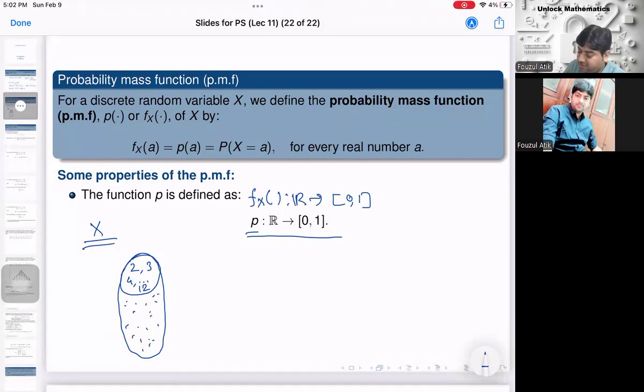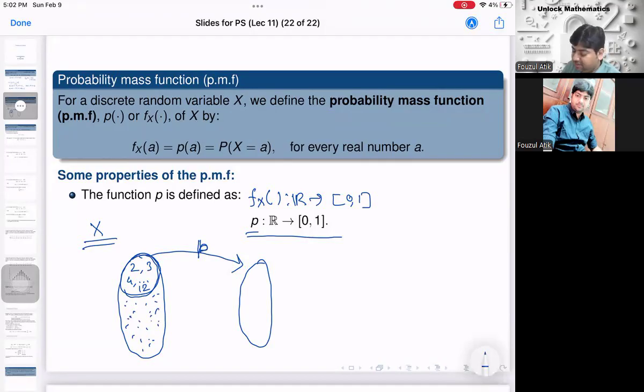This is the domain of the function p. So you have a function from here to here, where the domain has some values which the random variable takes, and other points of the real number set.